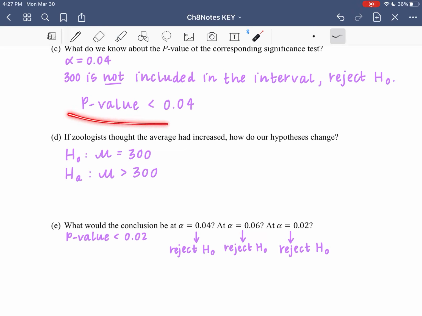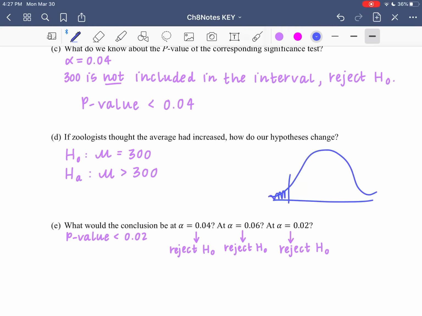So let's go back for a second and think about this conclusion. Our conclusion before for the two-sided test was that our p-value was smaller than 0.04. Recall in our two-sided test, we were looking at the area of both tails, right?